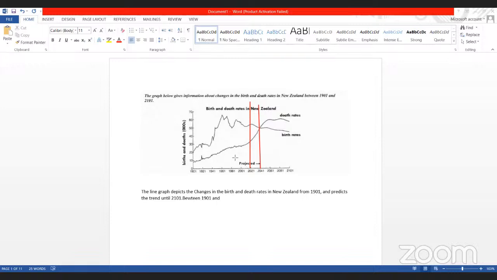Birth rate is the highest. Birth rate becomes the highest. Now we need to tell it in a very direct way.